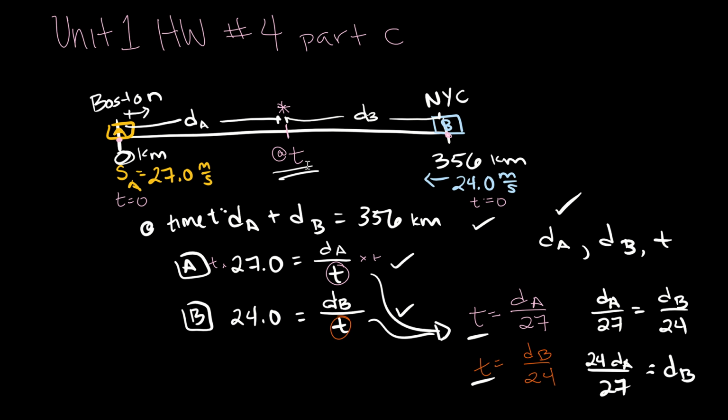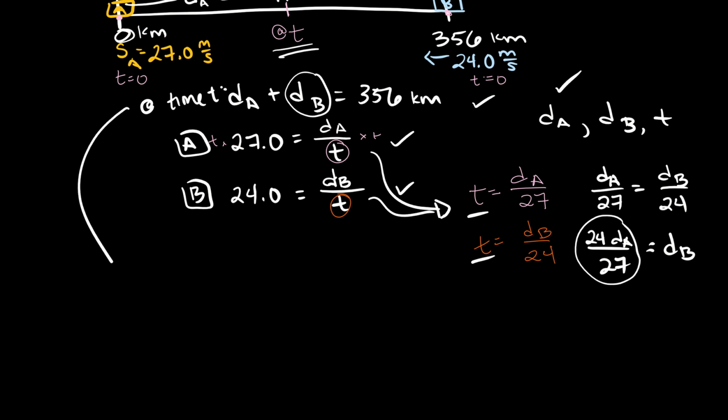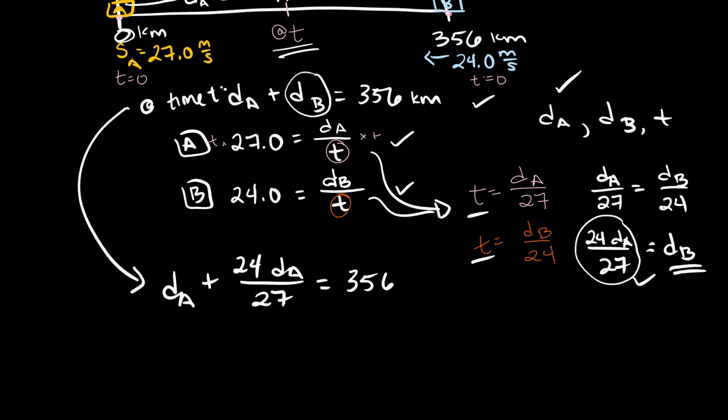If I plug this value in for dB, I only have one unknown in that equation. So I'm plugging in 24 dA divided by 27 for dB, and I get dA plus 24 dA divided by 27 equals 356. If I factor out a dA, I'm left with dA times 1 plus 24 divided by 27 equals 356.